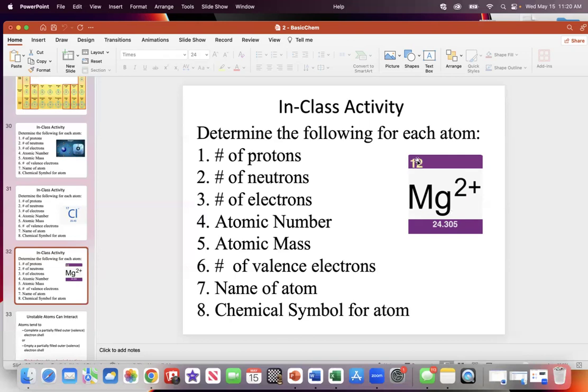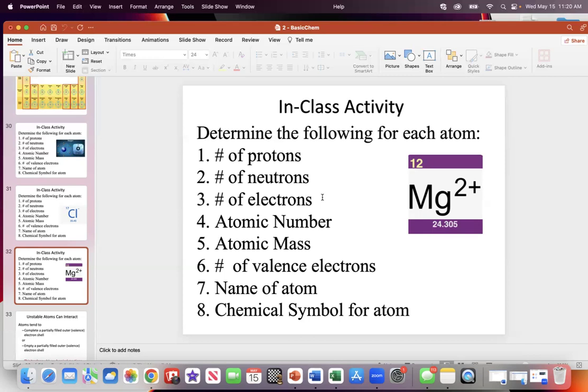It needs to be 12 to be magnesium. Number of neutrons: his atomic weight is 24.3, which means its atomic mass will be 24, at least the main form of magnesium. It's very close to the atomic mass. So it's 24, and 24 minus 12 gives 12 neutrons.